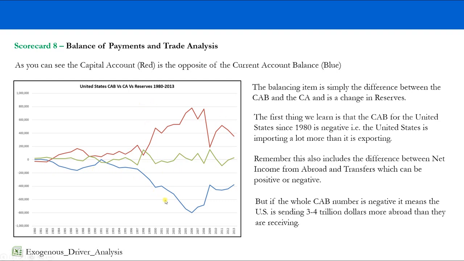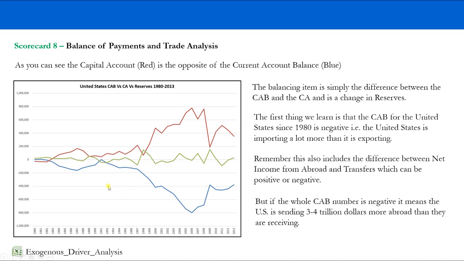So the difference is a negative dollar value. If the US is importing from other countries, they obviously have to pay for those goods and services in foreign currency. So they're sending foreign currency abroad, but they're calculating for it in US dollar terms.